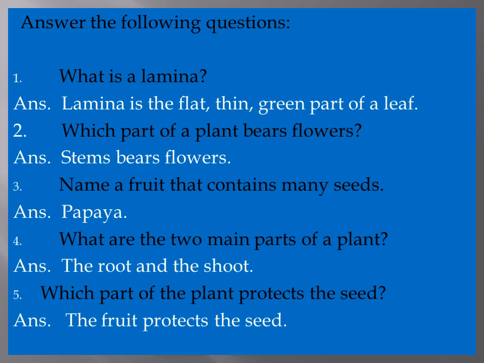Fourth question, what are the two main parts of a plant? The answer is the root and the shoot. Fifth question, which part of the plant protects the seed? Answer is the fruit protects the seed.